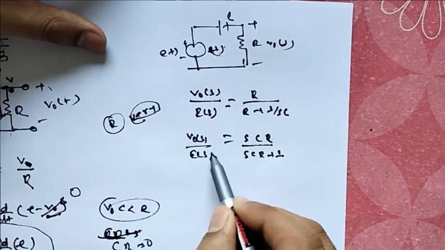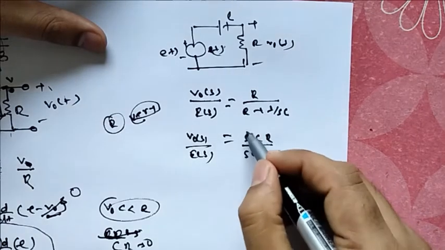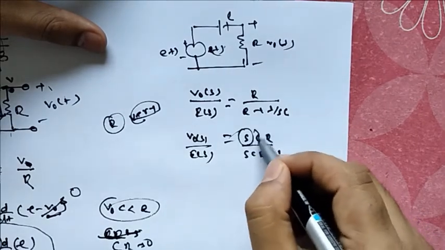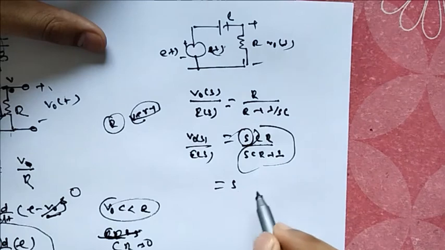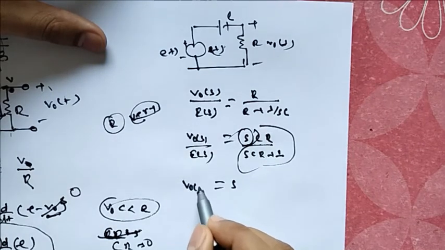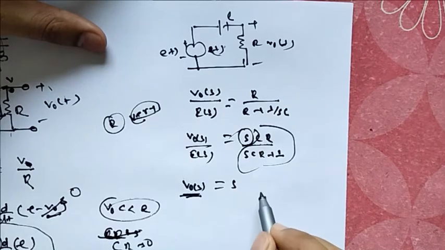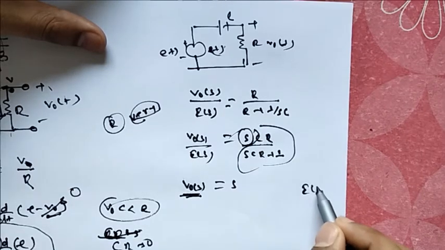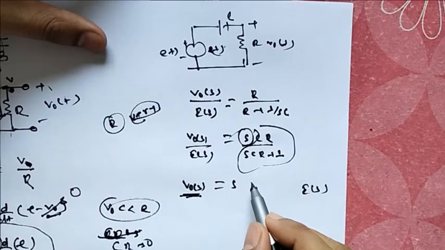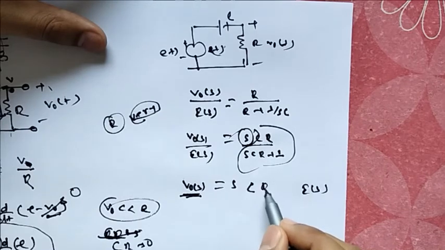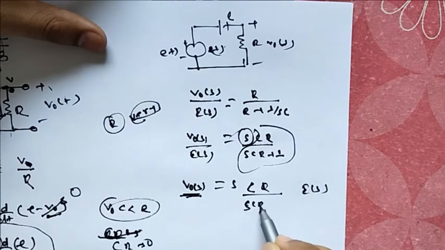Now if you see, this will be differentiated. Differentiation means this S function will be coming with this all value. This will be acting as a differentiator. V0(S) output will be the differentiator of this function of E(S), that is SCR by SCR plus 1.